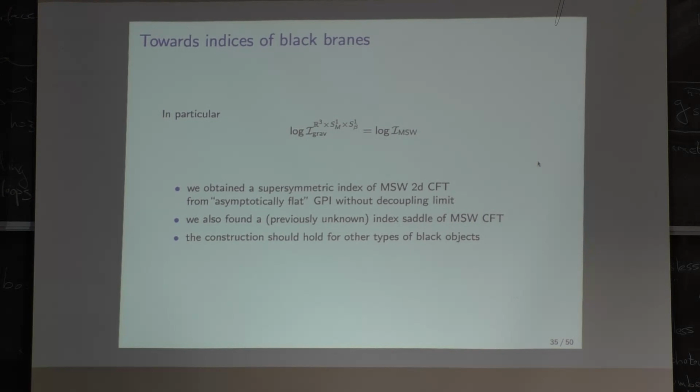So you could ask yourself, can I compute the supersymmetric index of N=4 super Yang-Mills directly from a 10-dimensional asymptotically flat gravitational path integral, without ever taking any decoupling limit where I would be zooming in onto the near horizon regions?